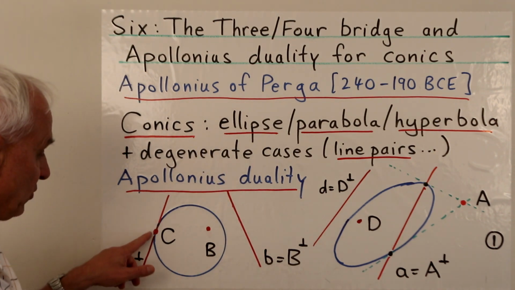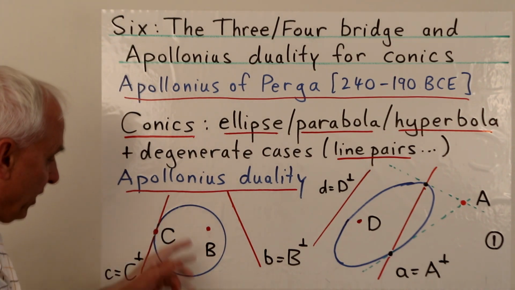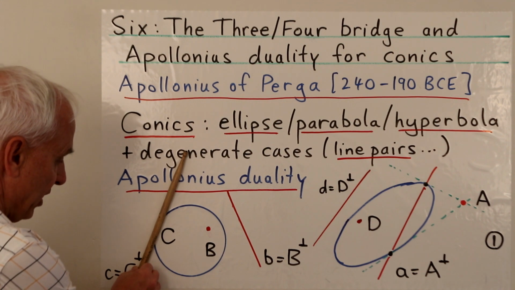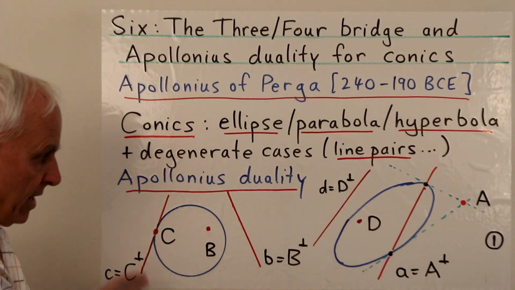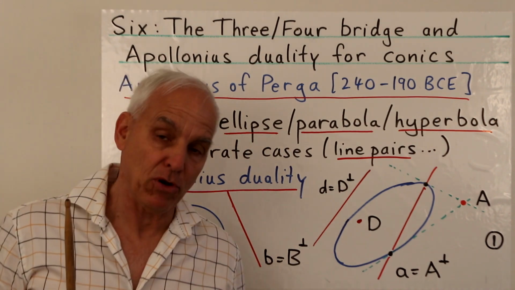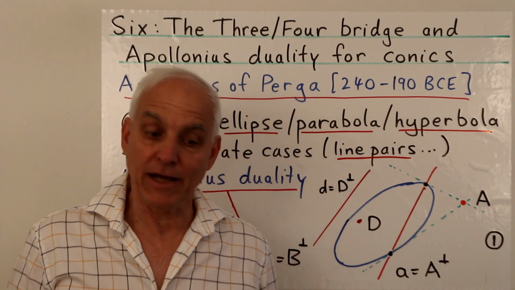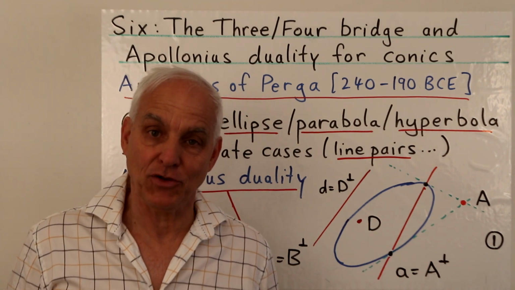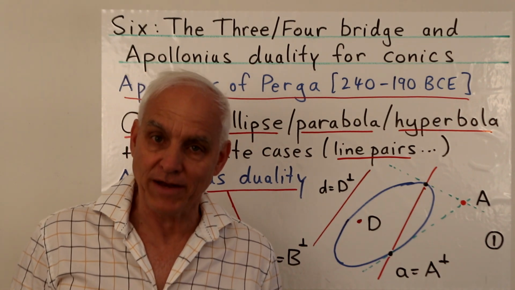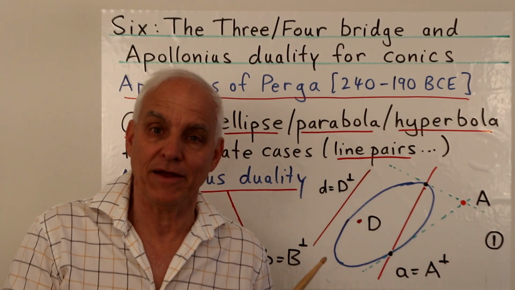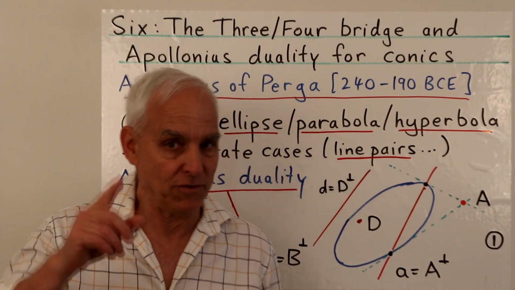And in the special case when the point is actually on the conic, then the corresponding dual line is the tangent to the conic. Now, this duality that Apollonius discovered actually plays a huge role in mathematics. And if you've seen any of my universal hyperbolic geometry lectures, then you'll know that it plays a huge role in the modern treatment of hyperbolic geometry done universally.